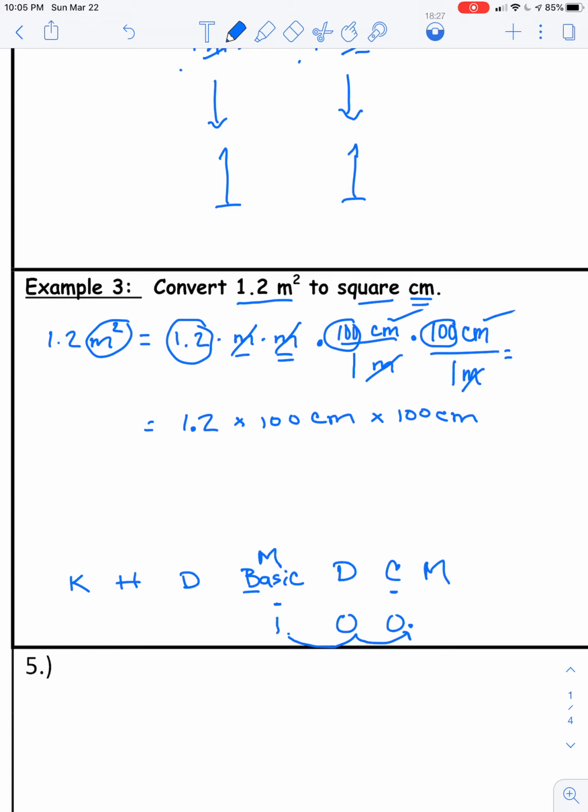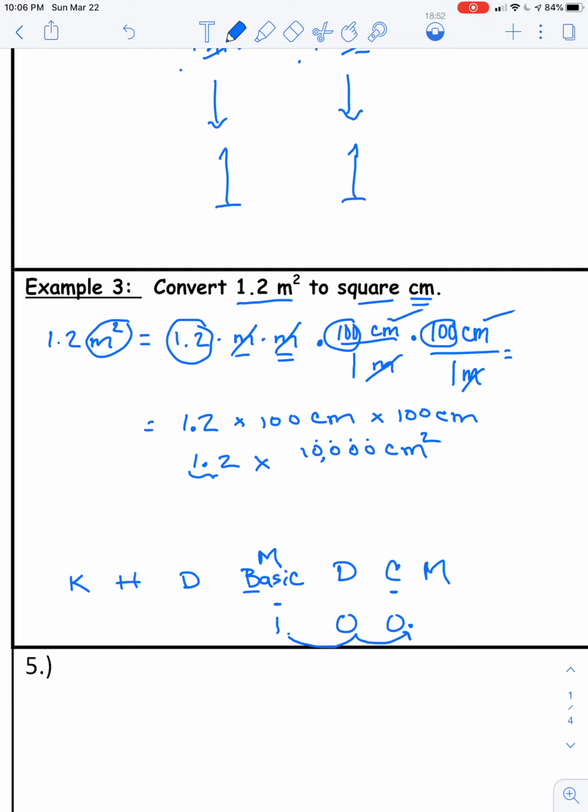So let's think about this. 100 times 100 is going to be 4 zeros, which is 10,000 centimeters squared. Now we multiply the 1.2 times the 10,000. How many zeros do I have? 1, 2, 3, 4.